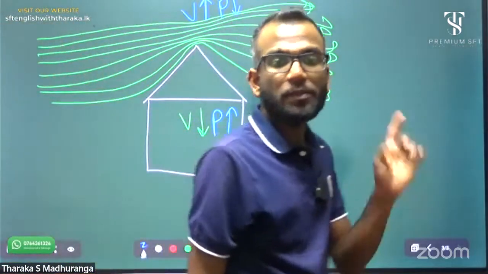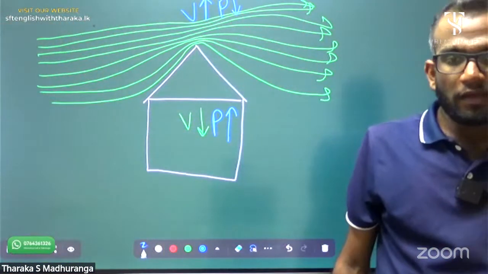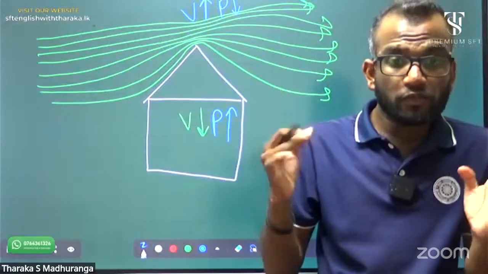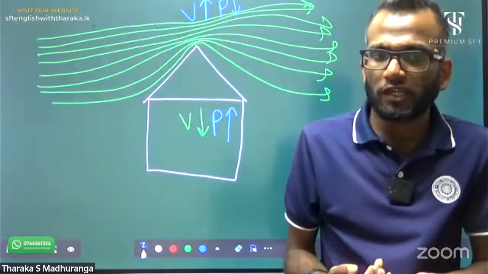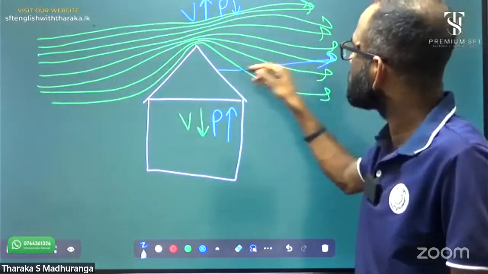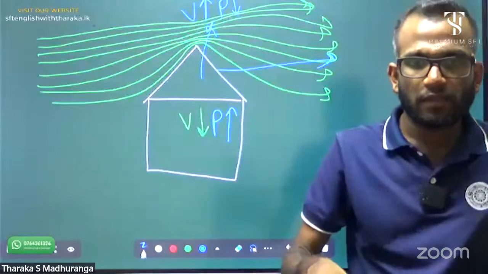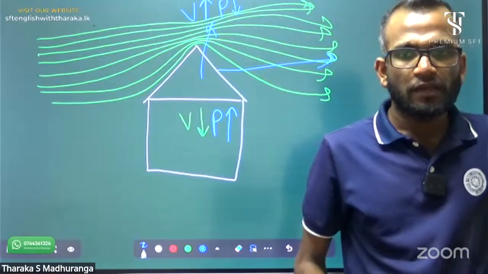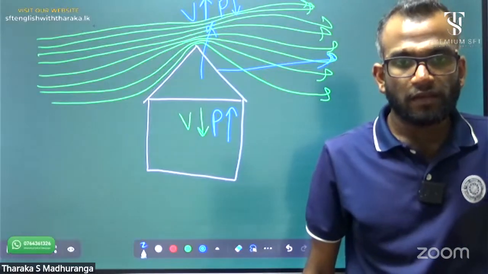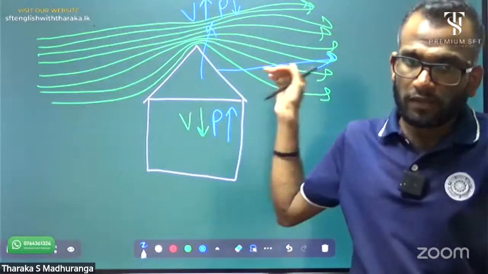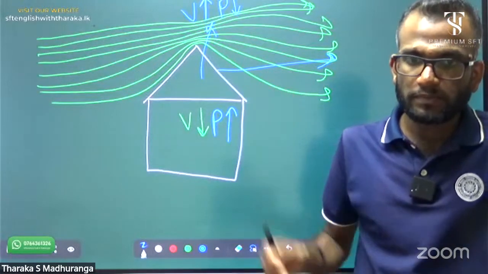Due to that, remember in hurricane condition, if the house roof is removed, which direction is it going? Upward, or this side?